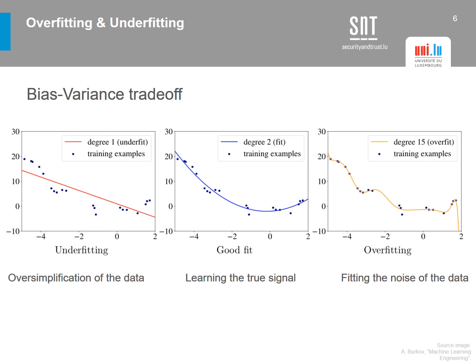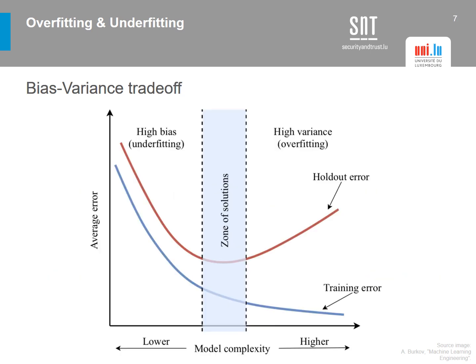Now let's try to understand what training error and holdout error are. So in this case, we still have overfitting and underfitting scenarios. Here is the plot where on the horizontal axis we have the model complexity, and the plot is for each type of complexity.